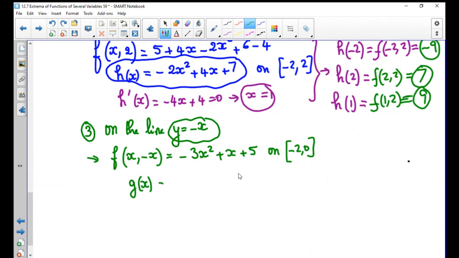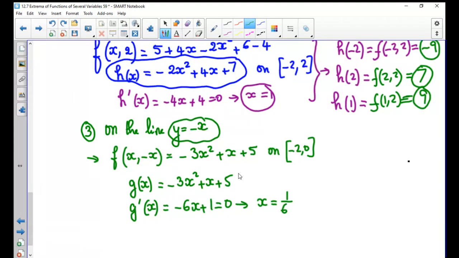Yeah, we can call it g of x. Its derivative is minus 6x plus 1 equal to 0. So we get x equal 1 over 6.